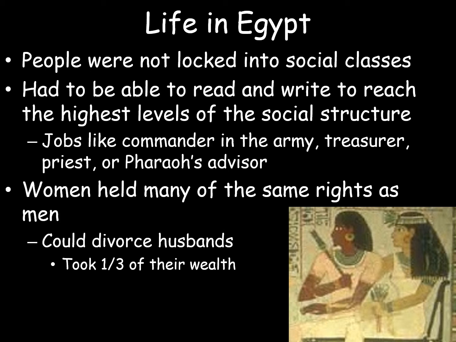So reading and writing was important. Women held many of the same rights as men. Actually, women could divorce their husbands, which was unheard of in some other areas of the world at this time. And they took 1/3 of the husband's wealth when they divorced.